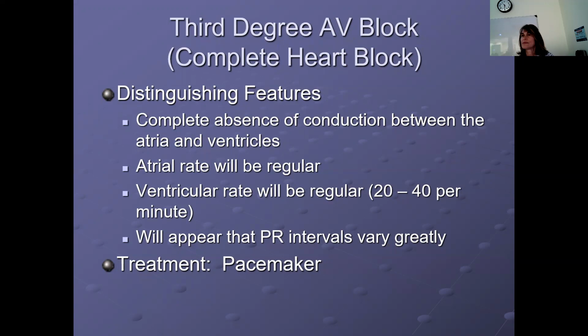And for the ones that have the QRS? Yes. Yeah, so when it does conduct through to the ventricle, that PR interval is always going to be the same. Yes, correct. Same length, but can have more than one. More than one what? Like if there's another P wave, there can be more than one P wave, but the lengths will still be the same. Yes, perfect.